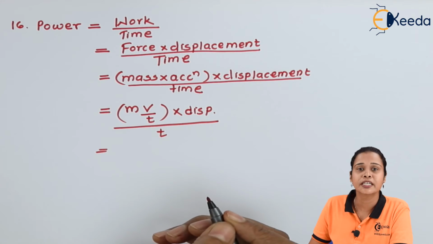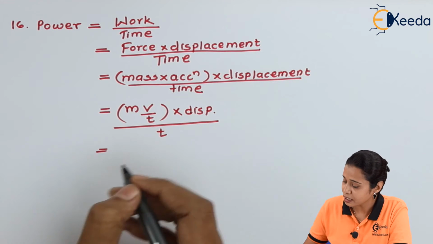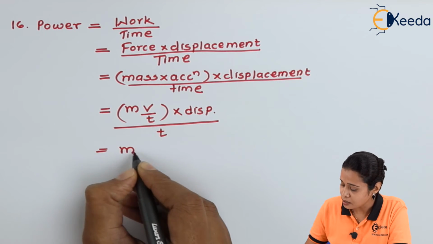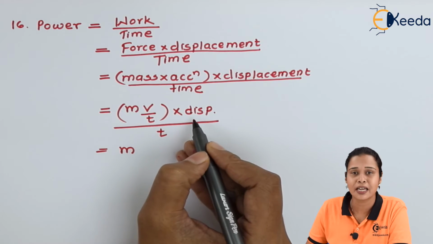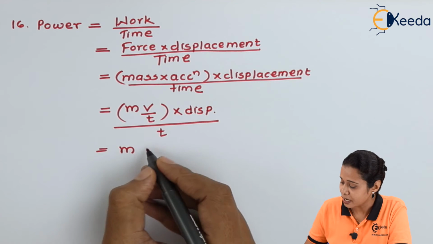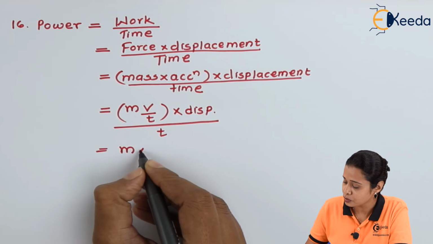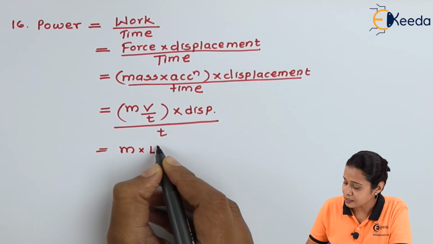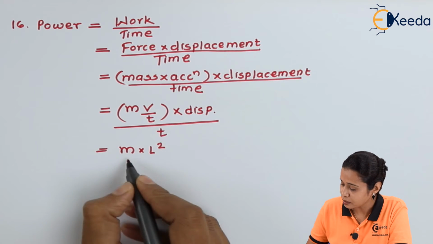Here velocity is distance per unit time. So directly here we can write down mass into distance. Distance and displacement both can be expressed in terms of length. So here we will write down mass into length square upon t square.